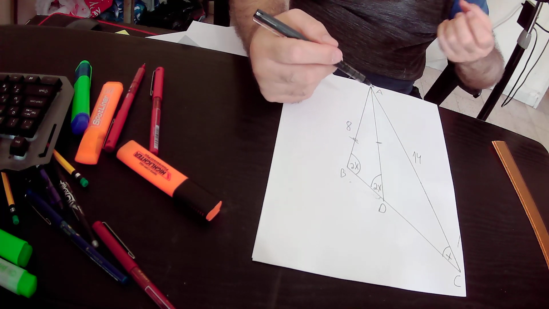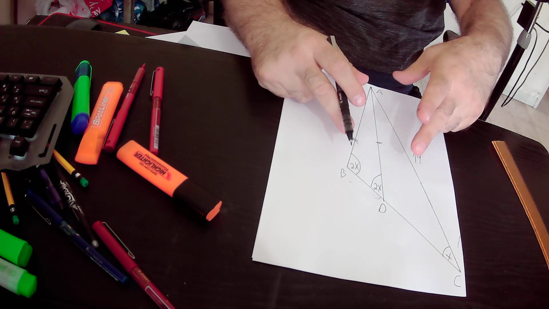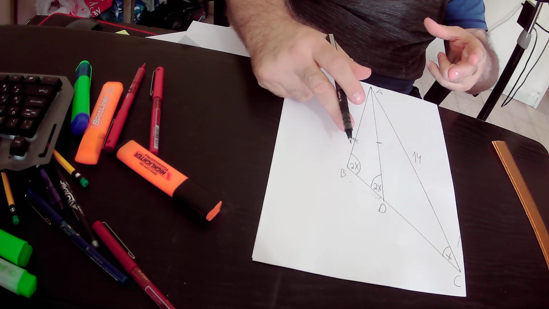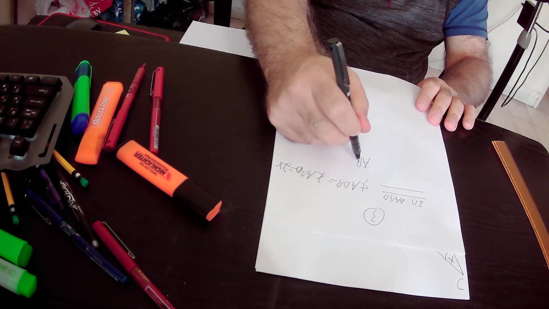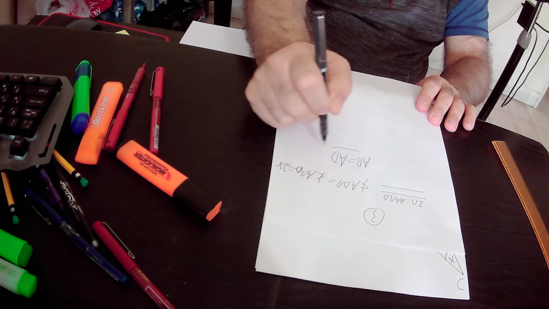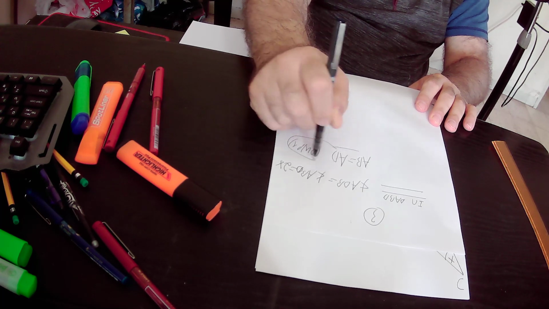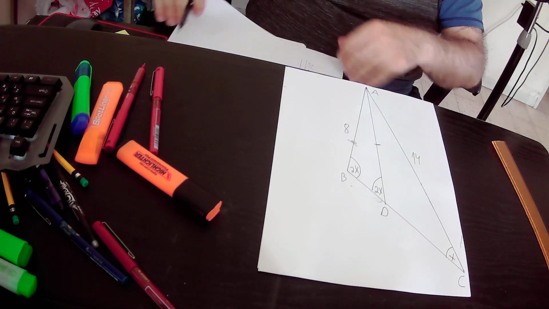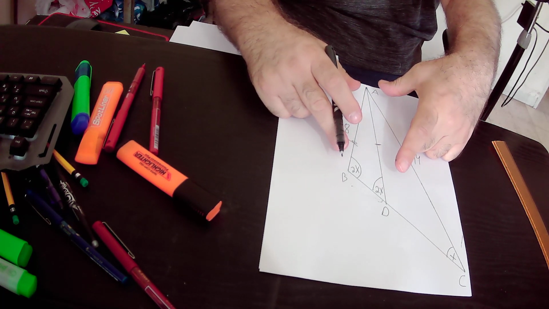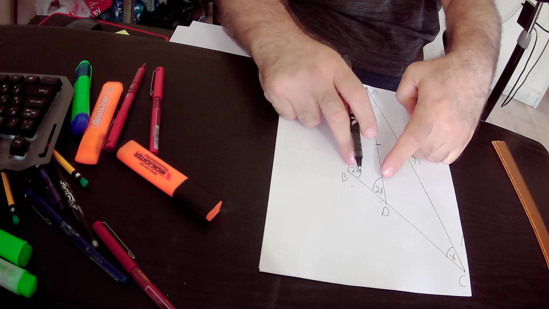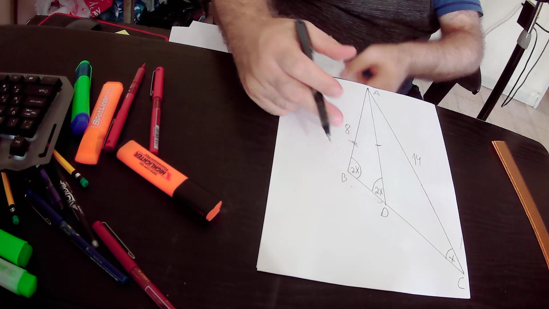So those two sides located in front of equal angles are also equal to each other. That is to say, AB equals AD.